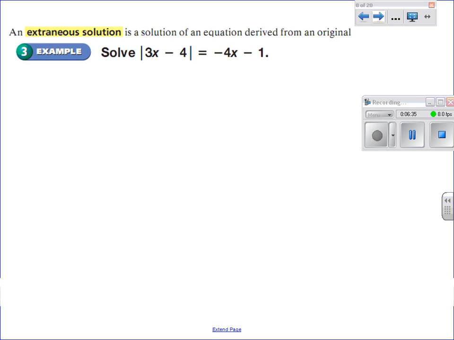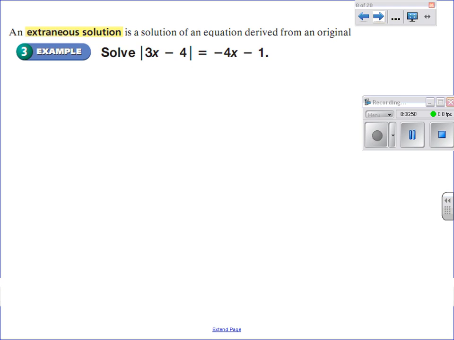Example 3. Go ahead and write it down, please. This one's a little bit long, so hopefully you have some space here. An extraneous solution. This is something we're going to run into here.